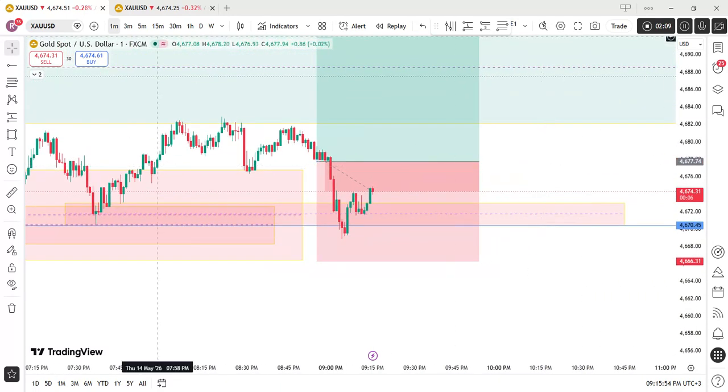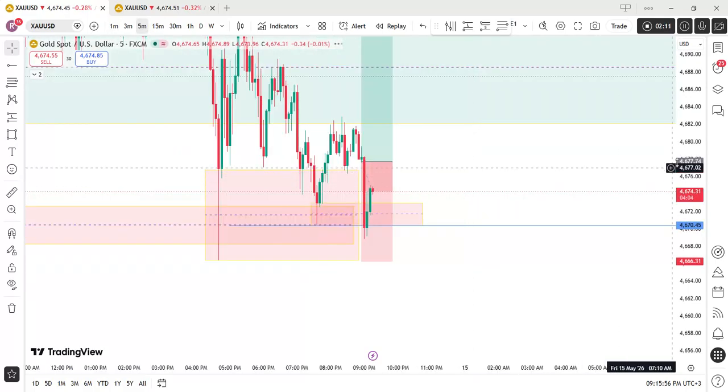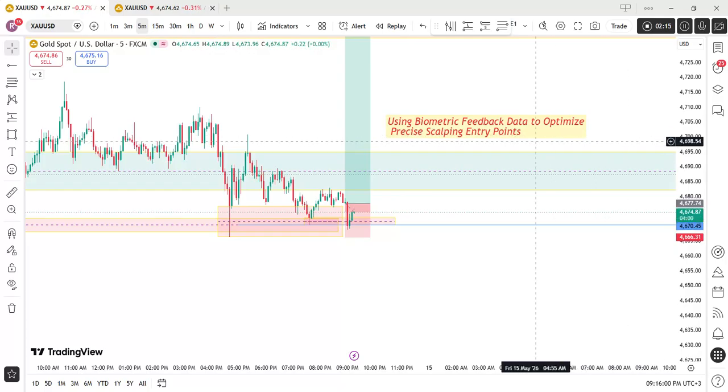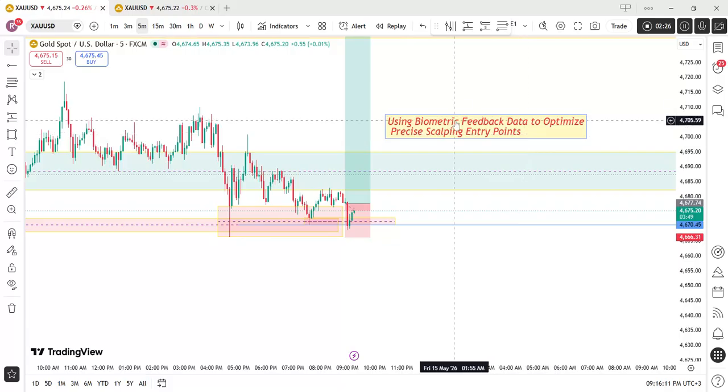I want us to begin this new lecture, and this is also going to be a very important lecture. It's about using biometric feedback data to optimize precise scalping entries. Now, I know a lot of you are wondering, how does biometrics relate to trading? There are some devices we're going to be using here.